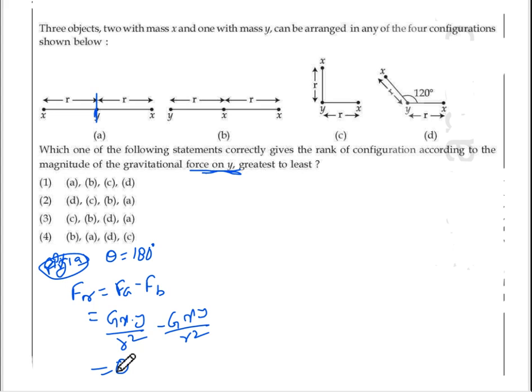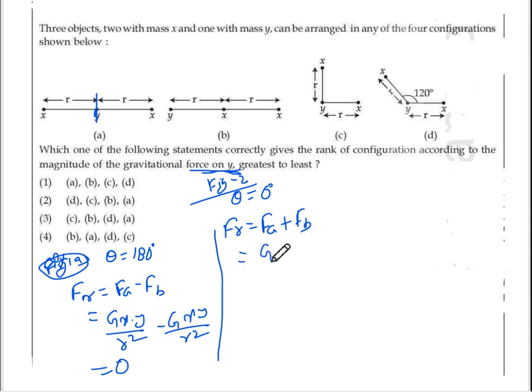Next, for option 2, the forces are in the same direction, so theta is 0 degrees. So F resultant will become FA plus FB. For the first one it is G x y by r square.